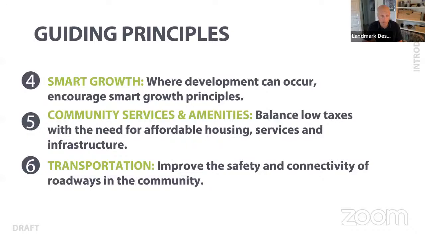Smart growth: a lot of concern that if development does take place, it represents the best of what it can be. So there was a lot of discussion about what smart growth principles might apply in Morgan. Community services and amenities: this is the only real area in the county, with some exceptions towards Mountain Green, where the bulk of urban services are provided.